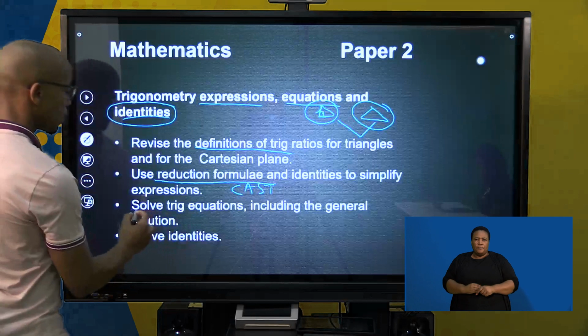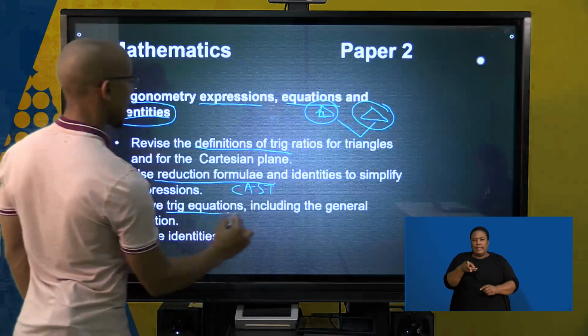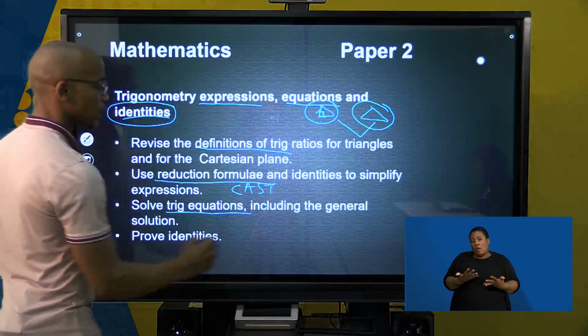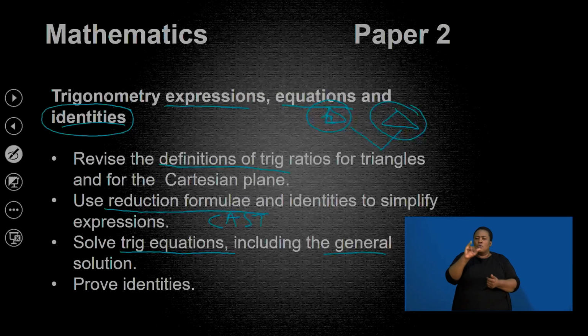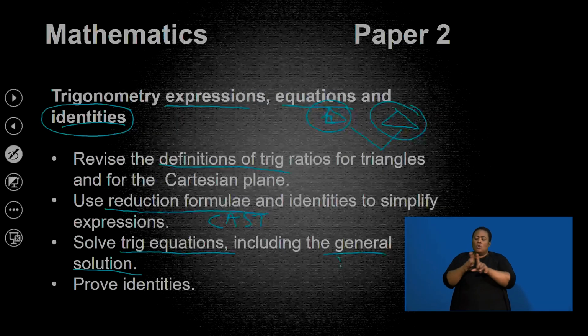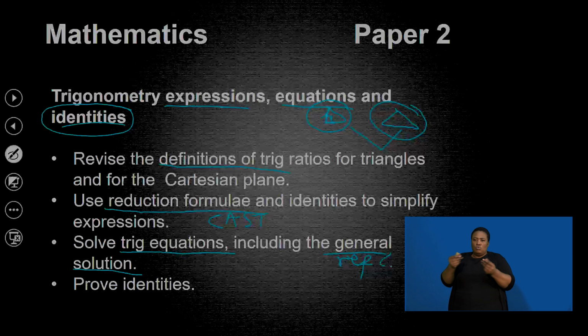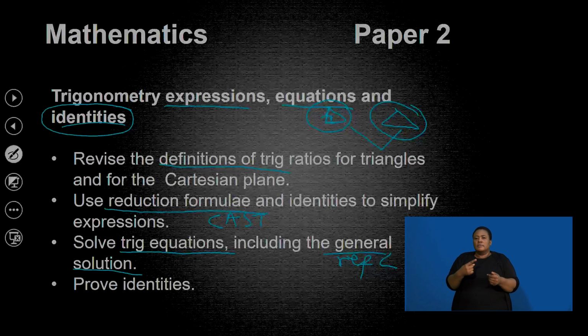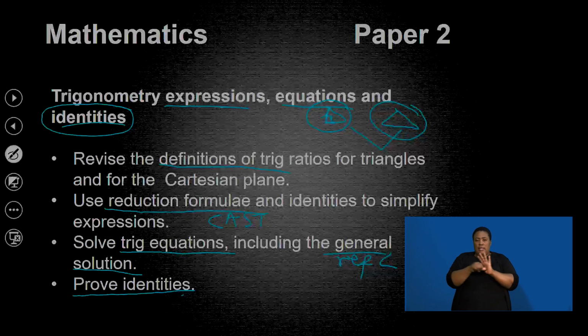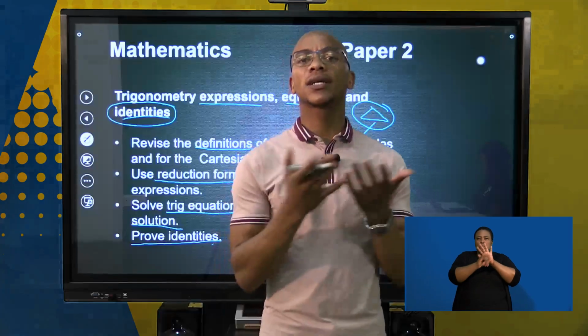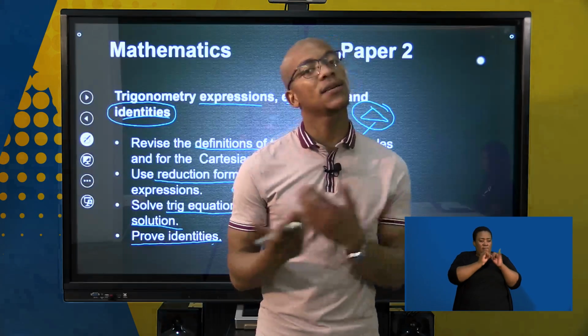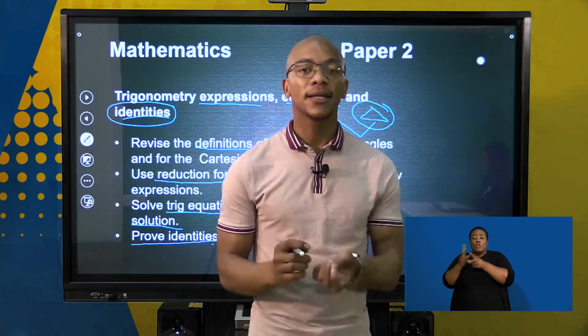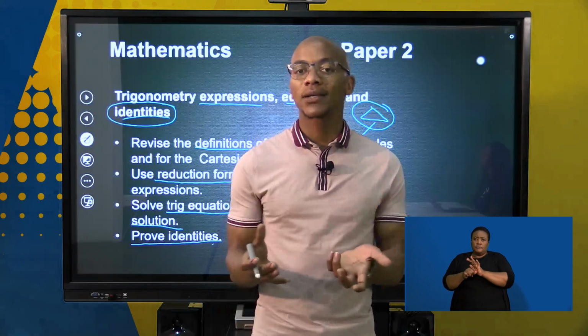And then also make sure that you know how to solve trig equations, including the general solution. Remember I said reference angle is our most important thing under general solutions. And with identities, it's not only your grade 11 identities. Even your grade 12 identities come in handy. What am I talking about?